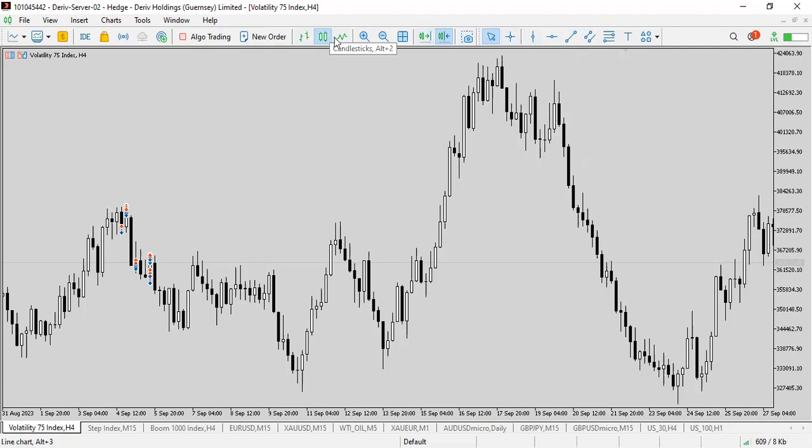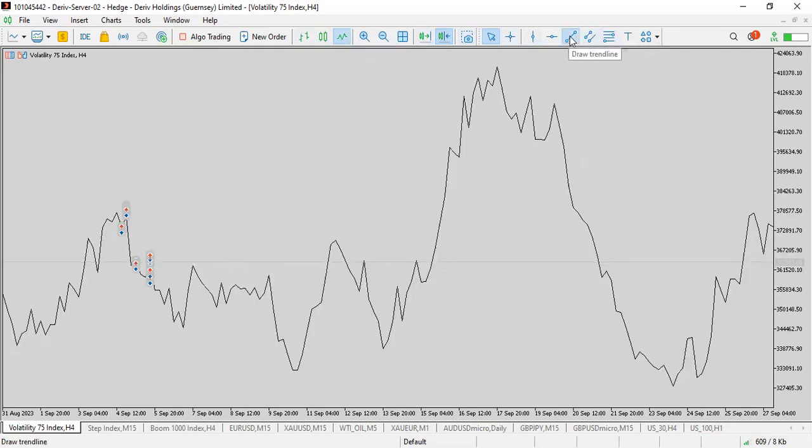After the third point, price taps into this 1, 2. Can you see that? 1, 2, 3, and price taps into it.